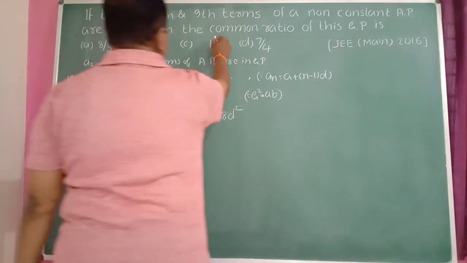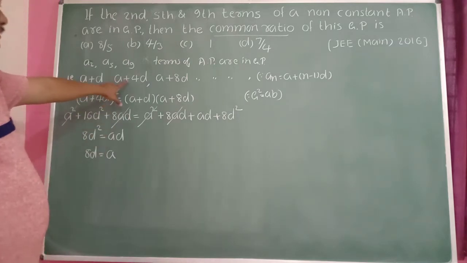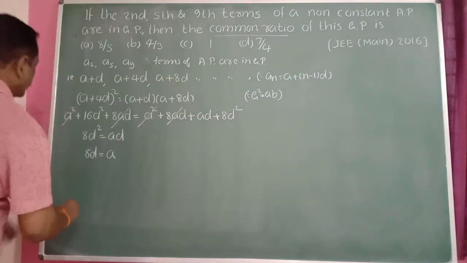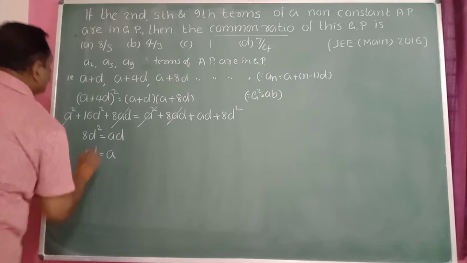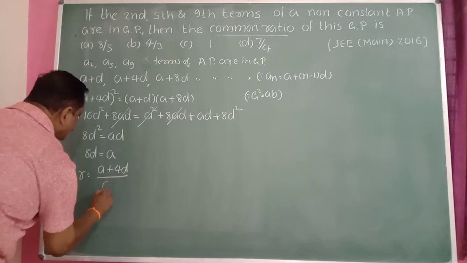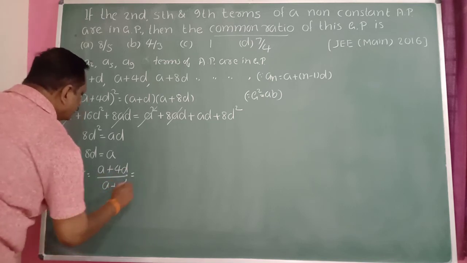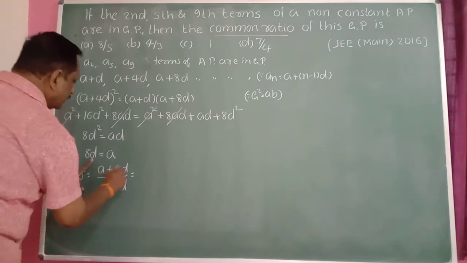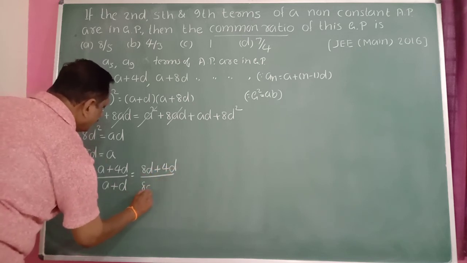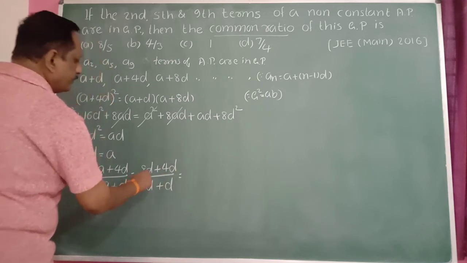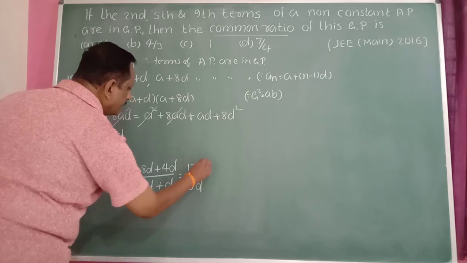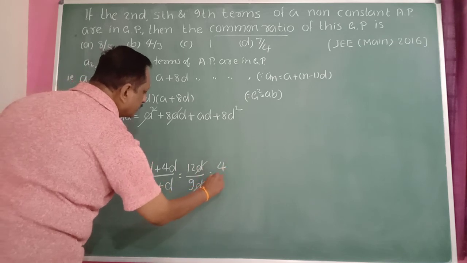Here we want the common ratio. Since these three terms are in GP, the common ratio r is this term divided by the previous term: (a + 4d)/(a + d). Here the value of a is 8d, so (8d + 4d)/(8d + d) = 12d/9d. The d cancels. 3 fours are 12, 3 threes are 9.